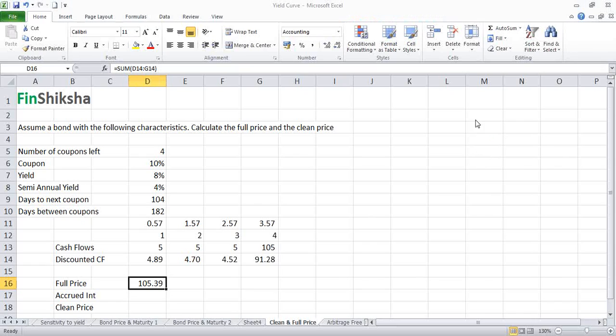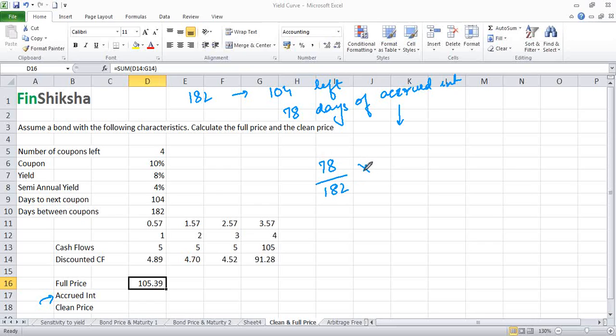So note that the accrued interest has to be calculated to come to the clean price. Out of the 182 days, 104 are left, which means 78 days of accrued interest has to come. Correct? So all we need to do is 78 by 182 multiplied by the interest.